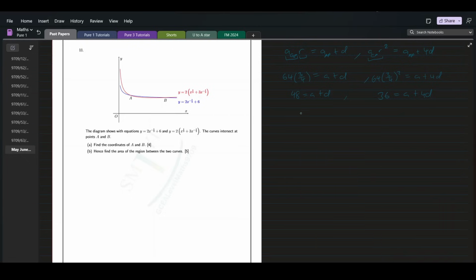So we're going to make A the subject of the formula here. That becomes 48 minus D. Let's substitute this into the second equation. So 36 is equal to A plus 4D. So A is 48 minus D, 48 minus D plus 4D. So this becomes 36 is equal to 48, and we've got minus D plus 4D, which is plus 3D.